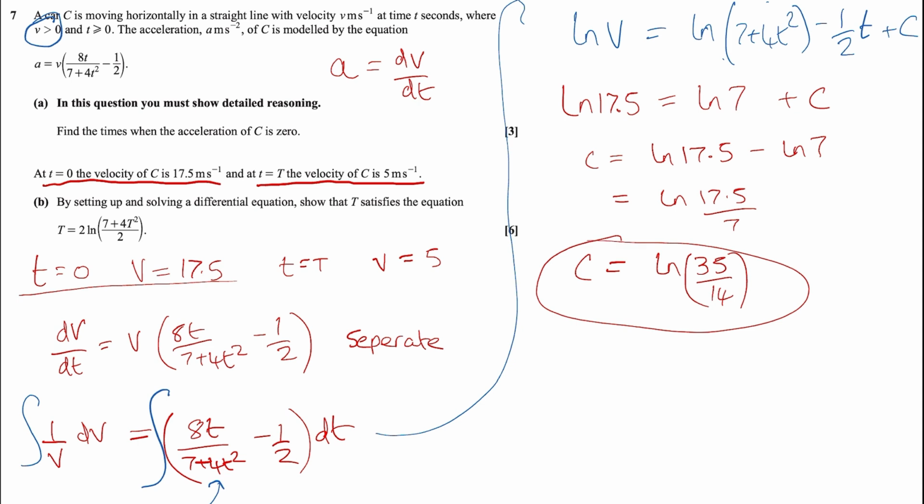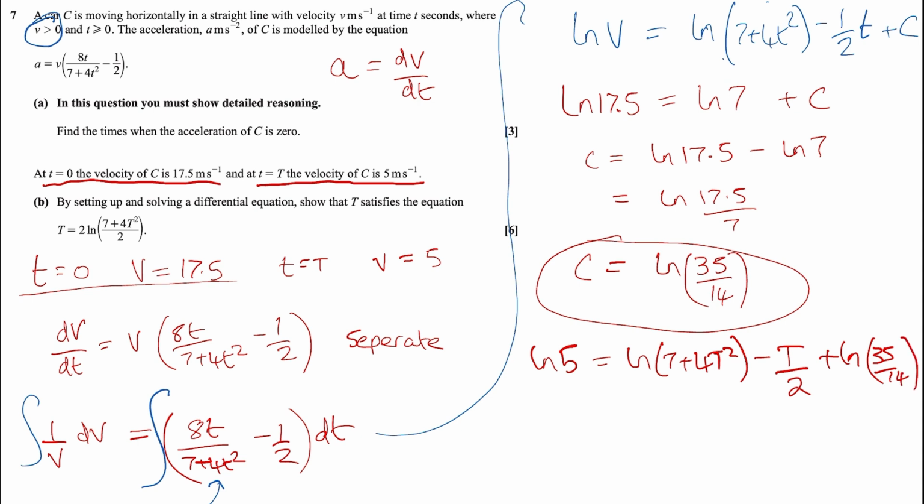Okay, so second condition is when t equals T. We get v as 5. So the natural log of 5 is the natural log of 7 plus 4T squared, capital, minus t over 2, plus the natural log of 35 over 14.